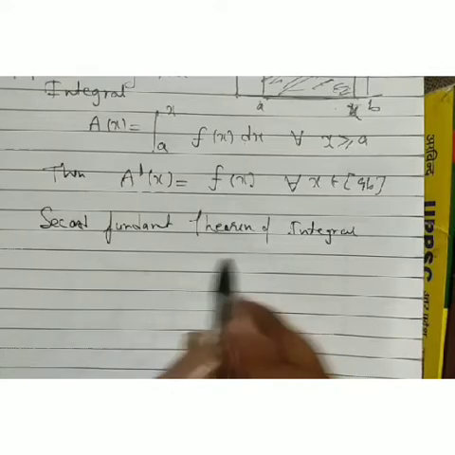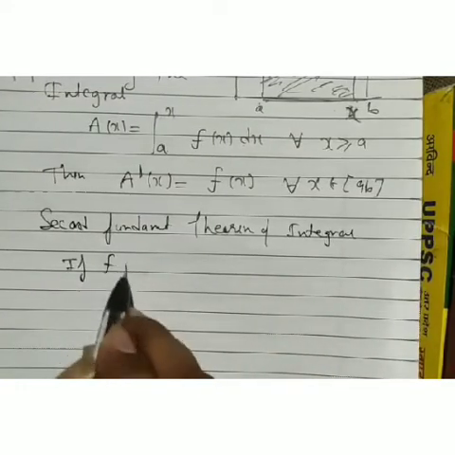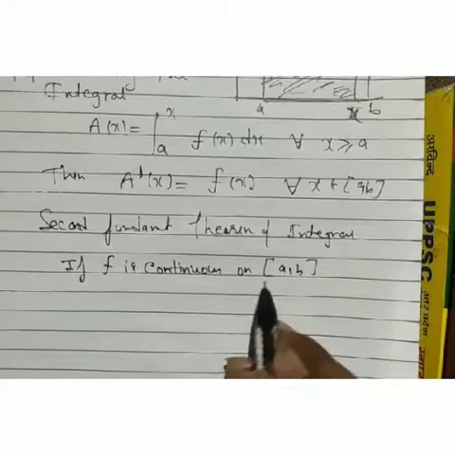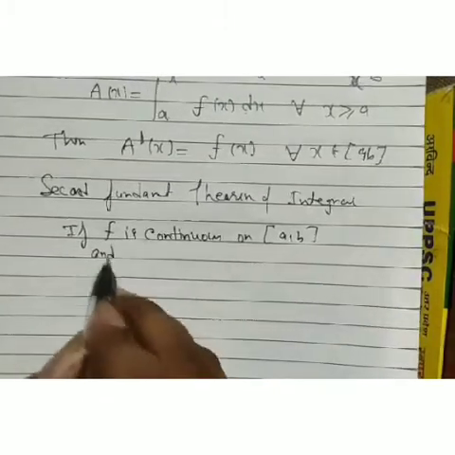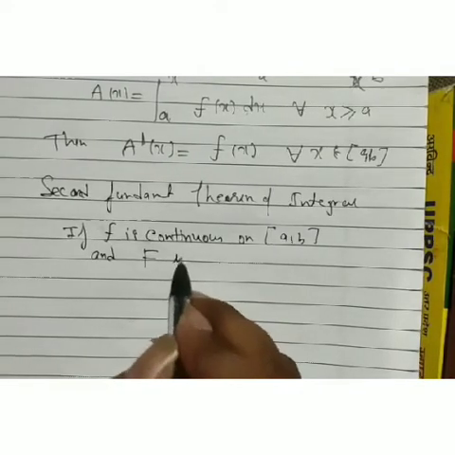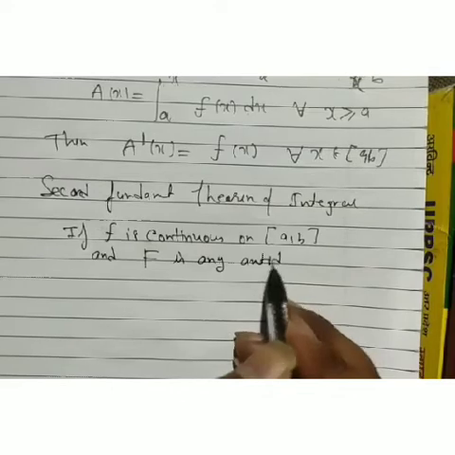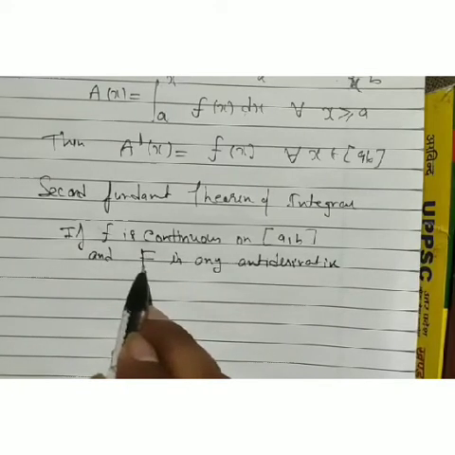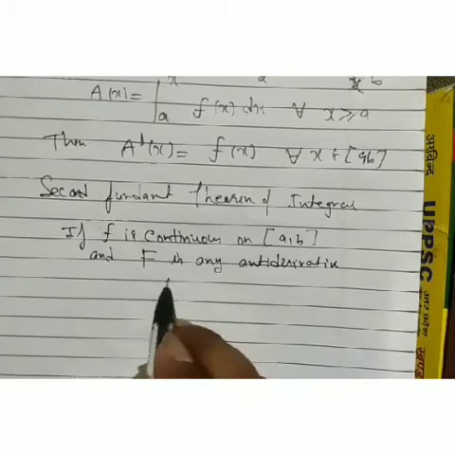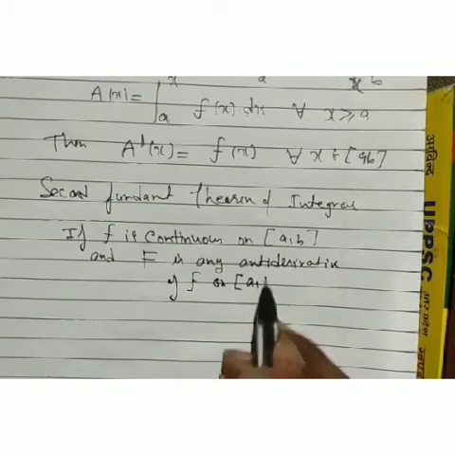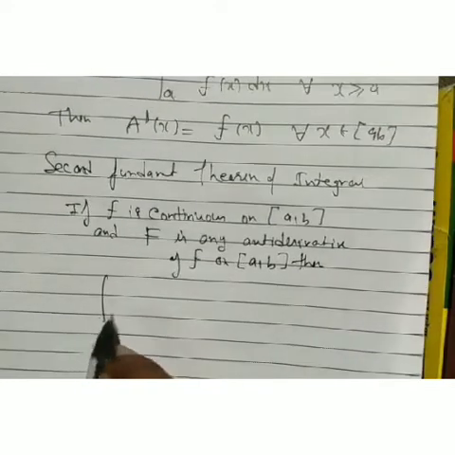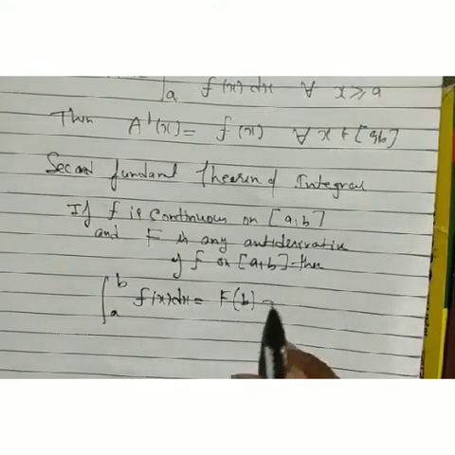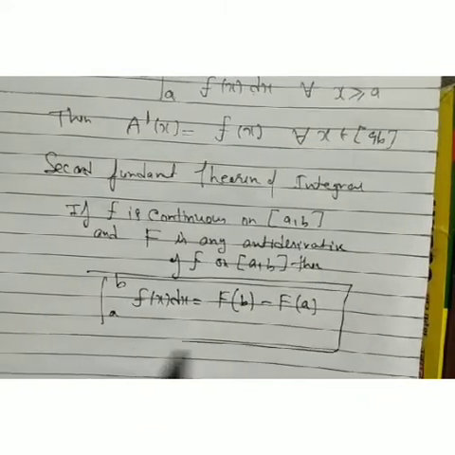If f is continuous on the closed interval [a, b], and F is any antiderivative of f, meaning F is the integral of f, on the closed interval [a, b], then the integral from a to b of f(x) dx is given by F(b) minus F(a), which is also the definition of our definite integrals.